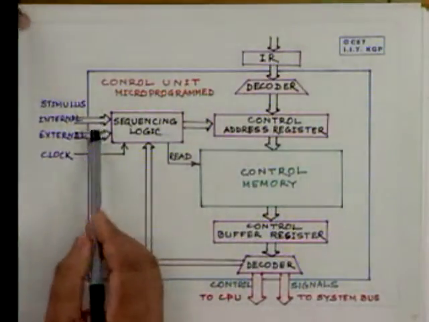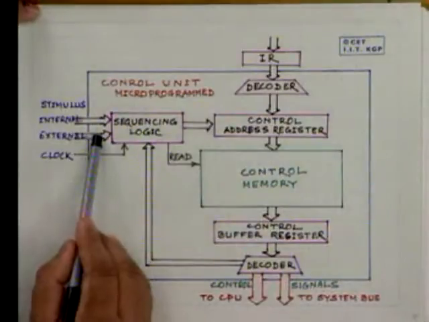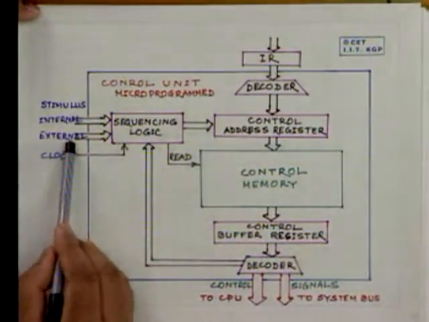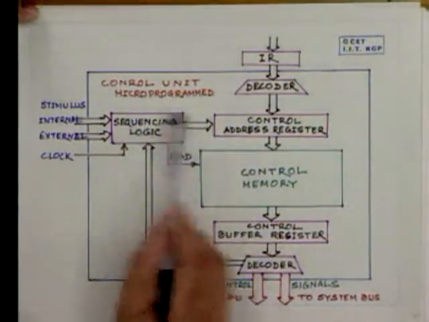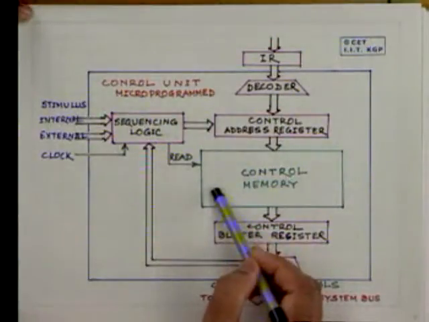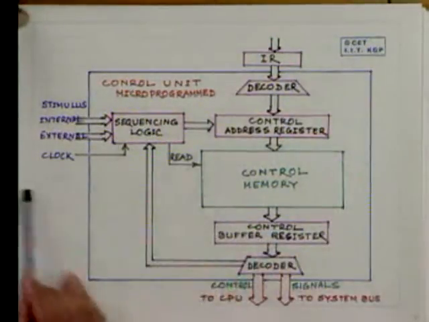The other input should come from external also. That means, for example, some interrupt signal comes, right? In that case, the sequencing logic should go to that interrupt handler, which will be in another part of the memory within the control memory.